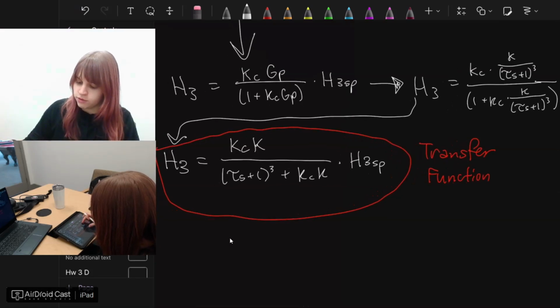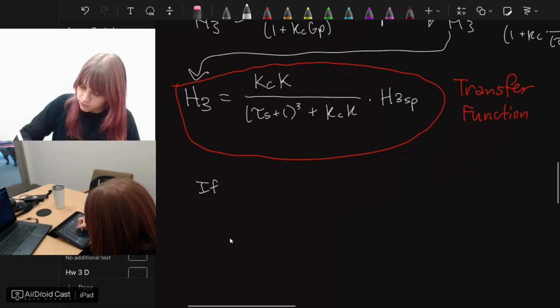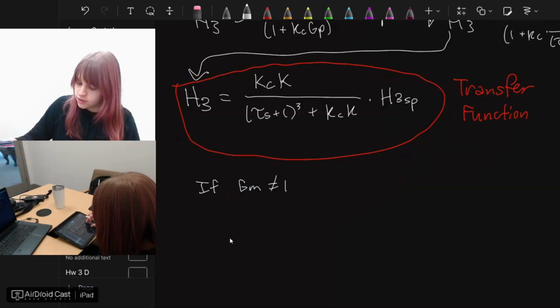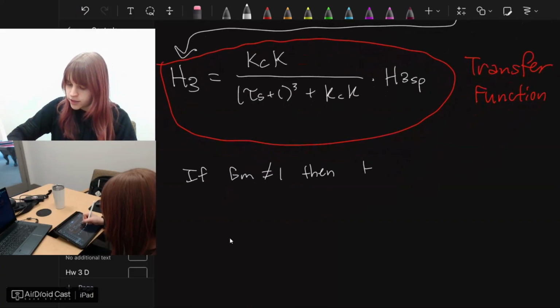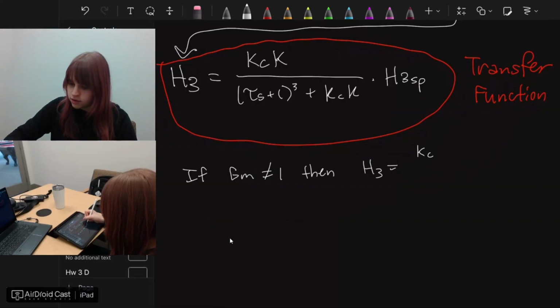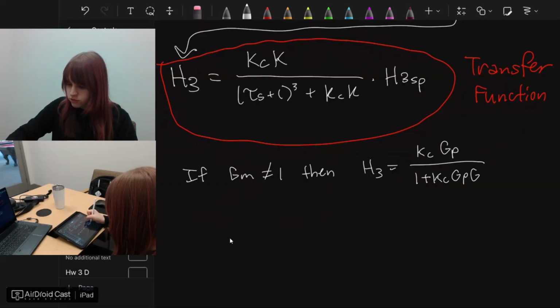And I do want to note that if that sensor feedback was not instantaneous, then our H3 would be equal to KC GP over 1 plus KC GP GM.